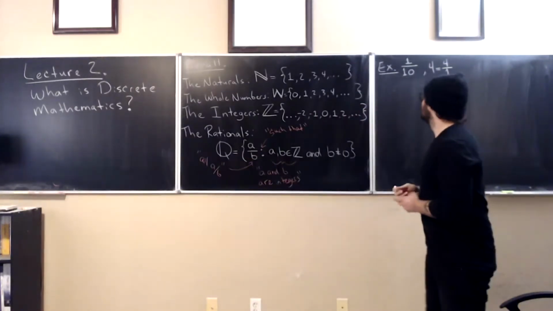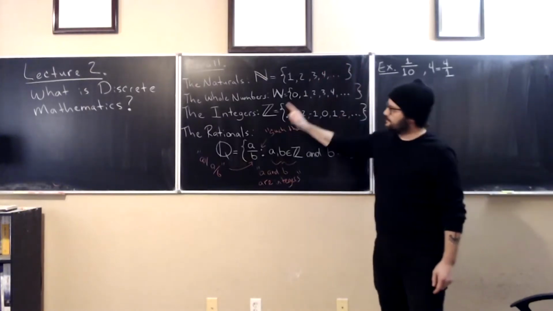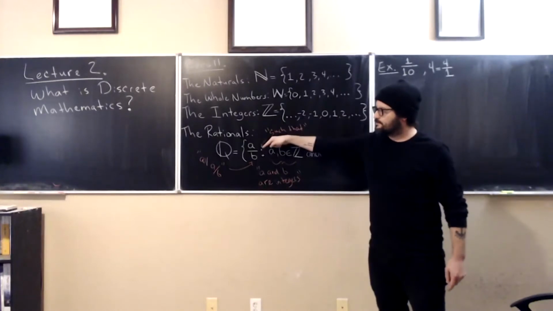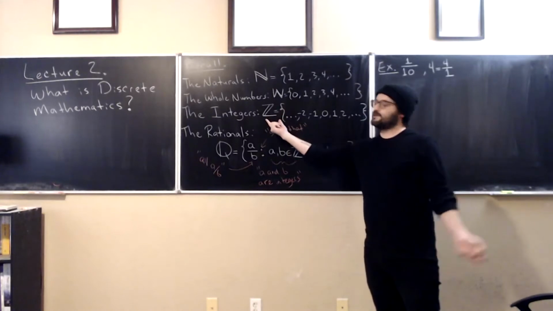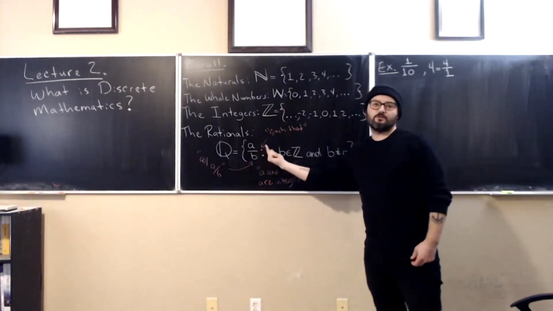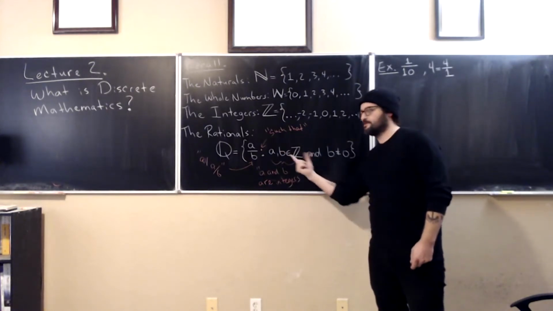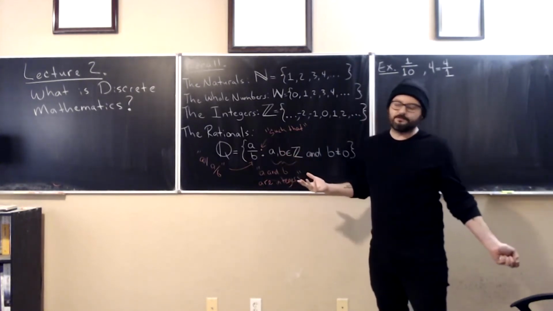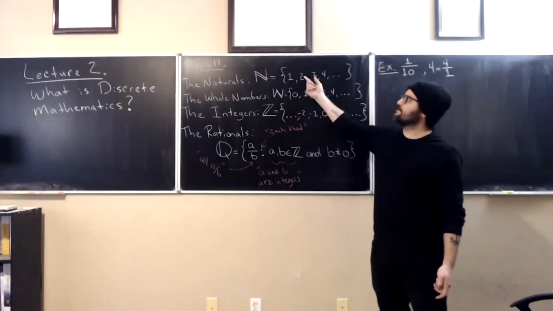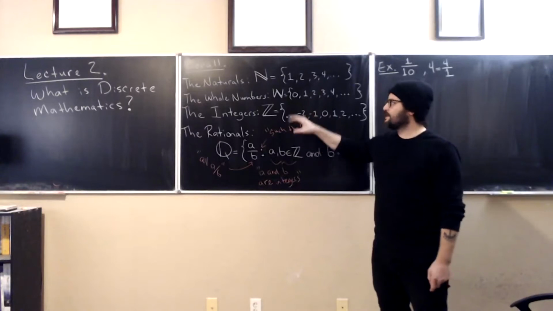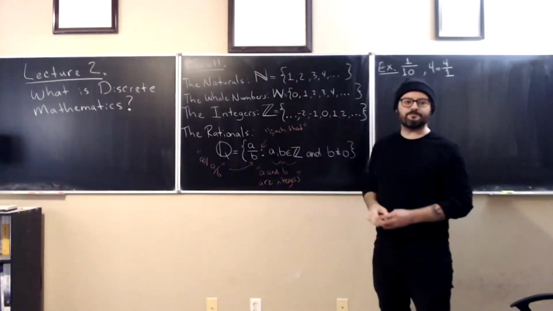Now, in fact, anything in the set of integers must belong in the rationals, because I can just take whatever integer I'm looking at, divide it by 1, and then I have a ratio that satisfies this condition to be in this set. It's rational. And since every whole number is an integer and every natural number is an integer as well, all of these numbers are contained in this set.